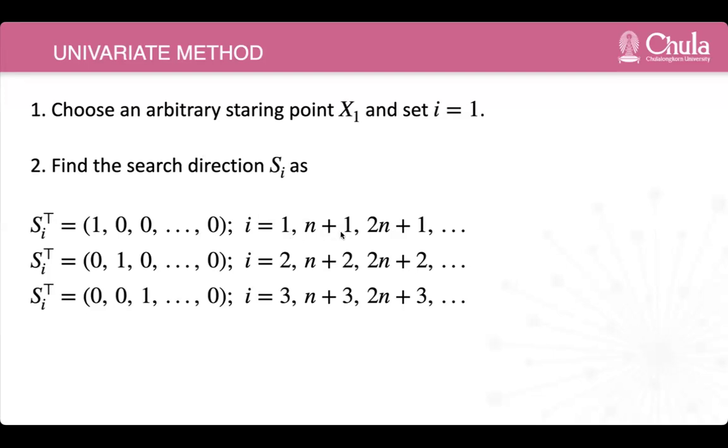It means that the first direction we consider is the direction following the first variable x. For example, if you have x and y, then x is 1, y is 0. What does it mean? You follow the x direction.